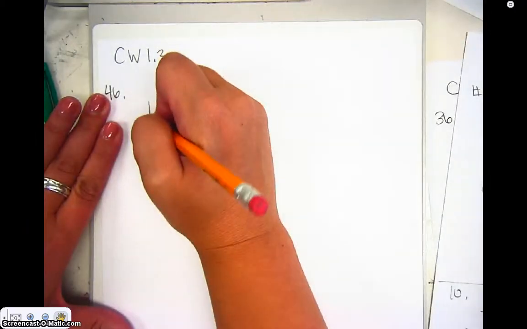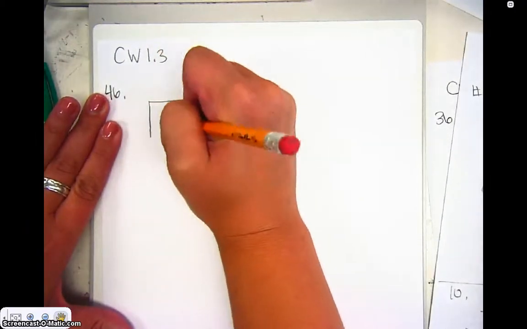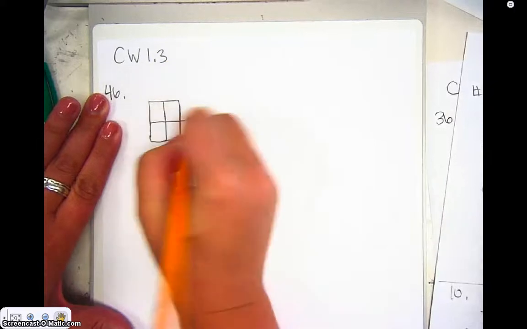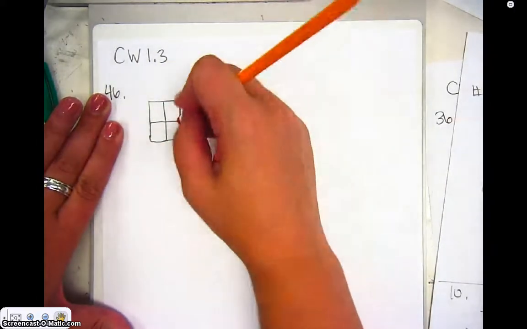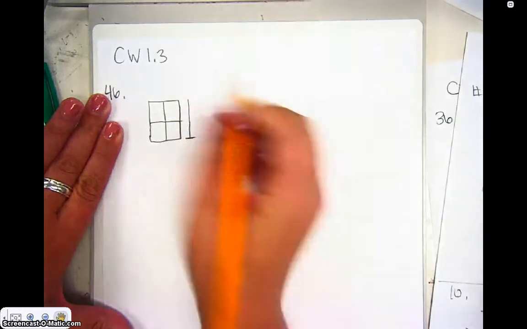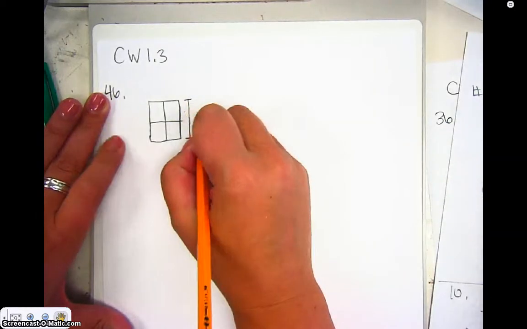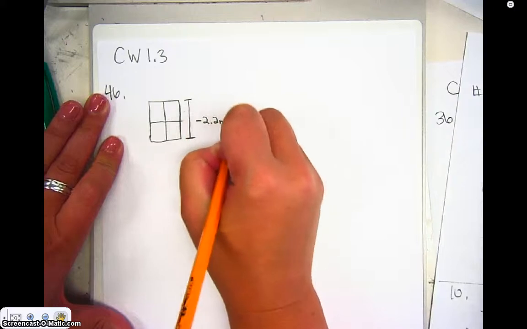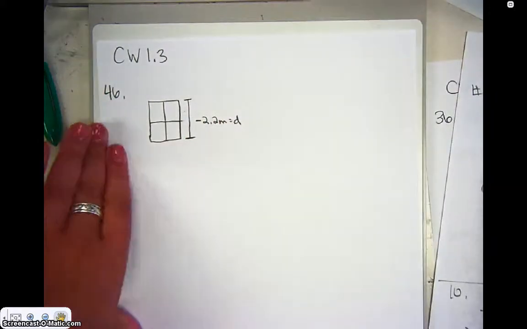For these types of problems, I like to draw a picture to help me clarify the scenario. So I have my window, and I'm told that this is a displacement of negative 2.2 meters. So that's a D going down.